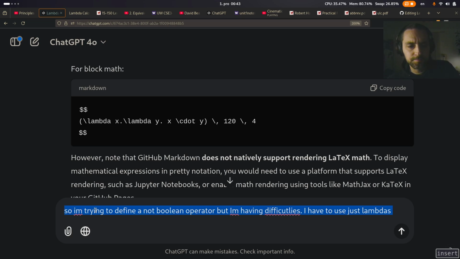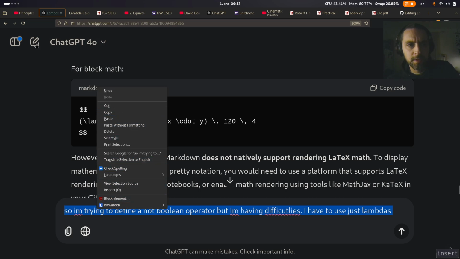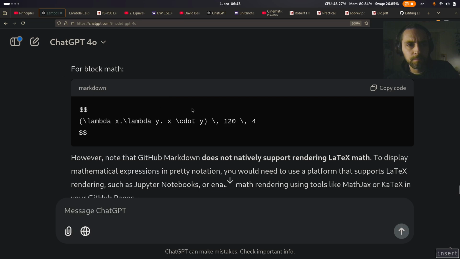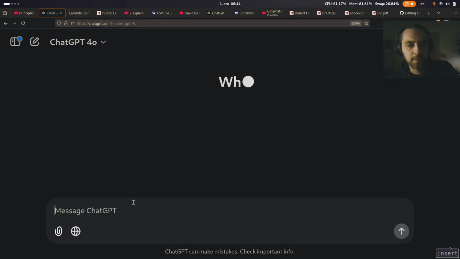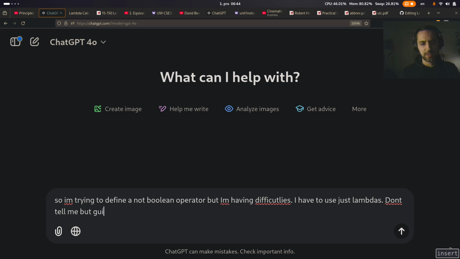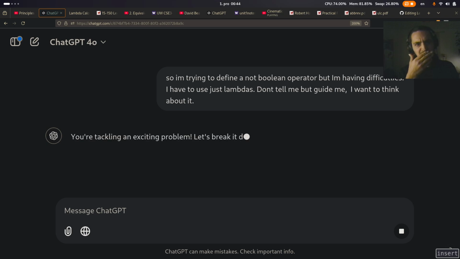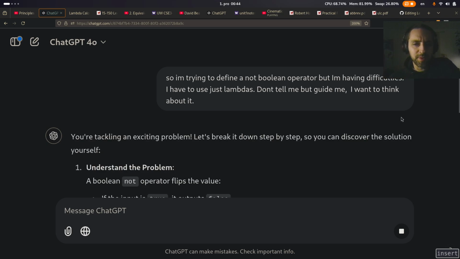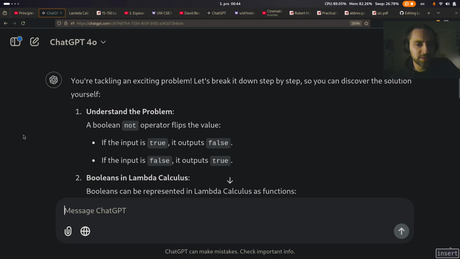Wait a second. Don't tell me, but guide me. Maybe it's too hard to guide this, you know. I want to think about it. Let's break it down step by step so you can discover a solution yourself.